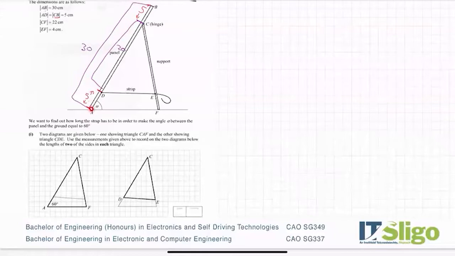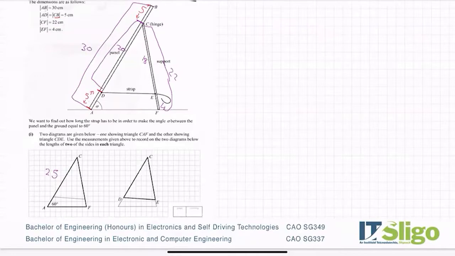Okay, so let me come down to the diagram here. It goes from A all the way up to C. So it's 20 plus 5, so I make that one to be 25. CF then was given in the question. It's 22, and this bit down here is 4. That bit is 22, the whole lot, which means the little bit is 18.